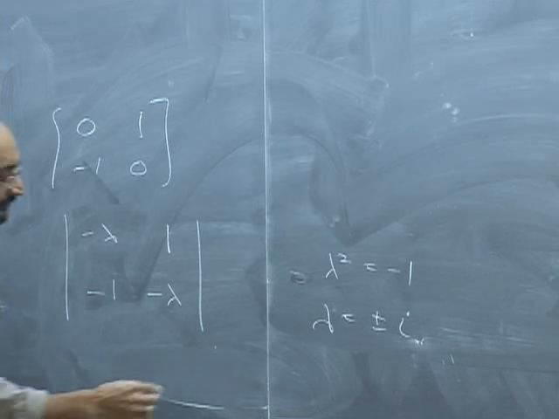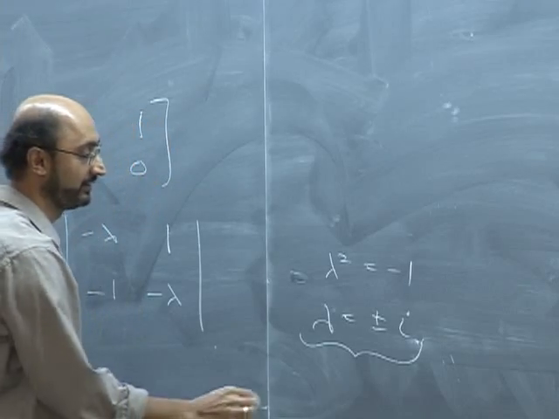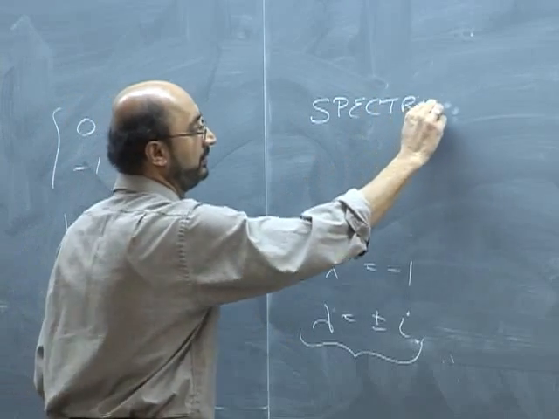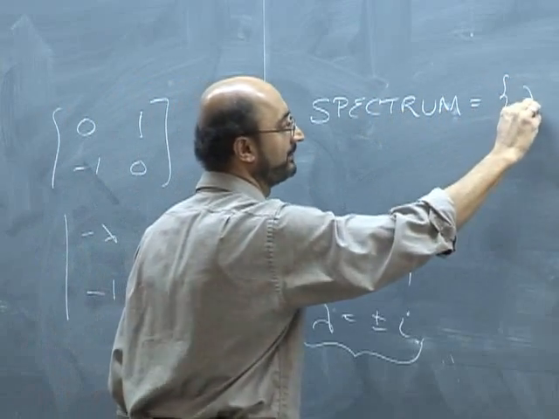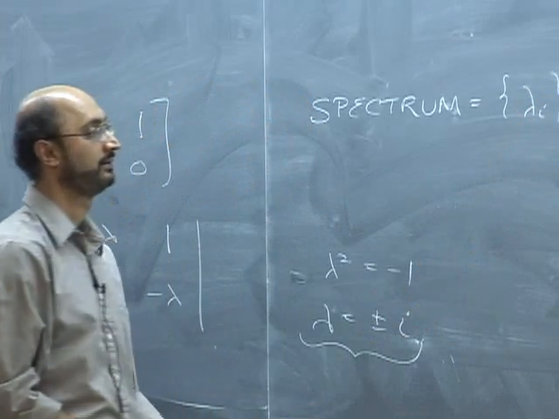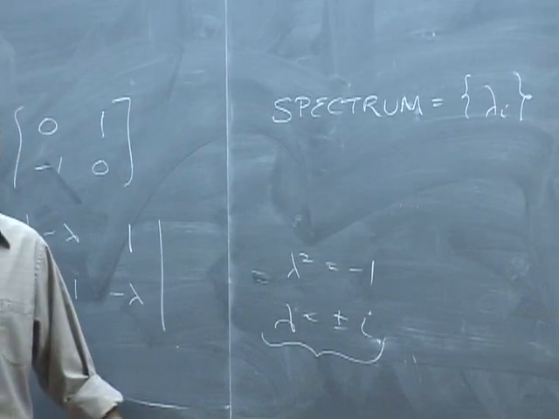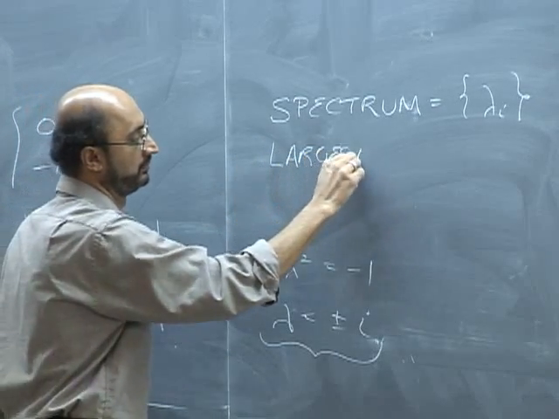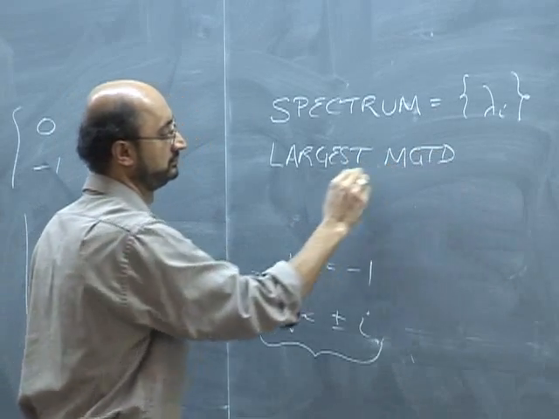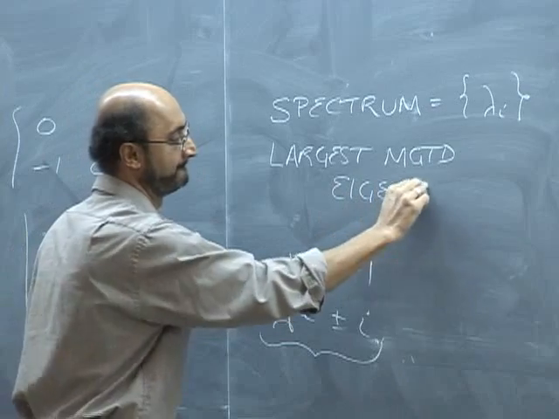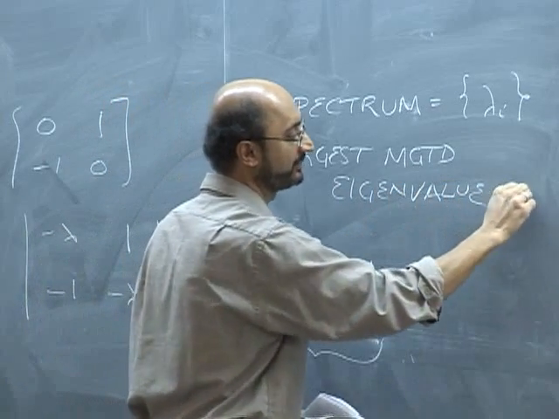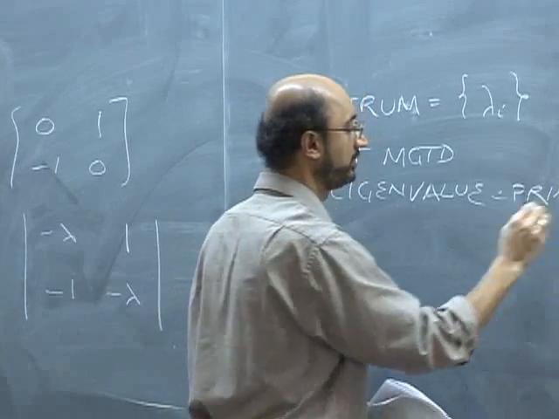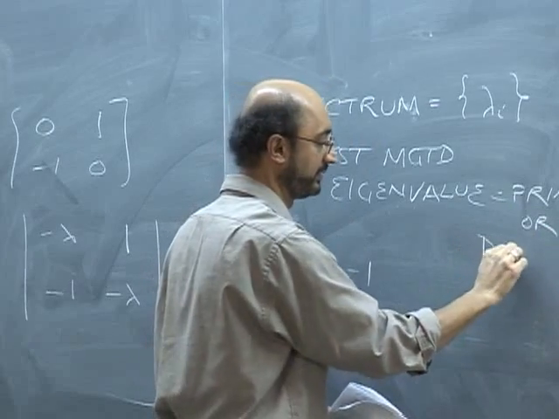The set of the eigenvalues is given a name, so I'll just write it down. The spectrum is basically the set of the lambda i. The largest eigenvalue by magnitude is called the principal eigenvalue, or dominant if you have more than one.